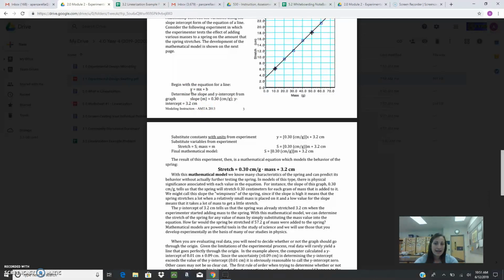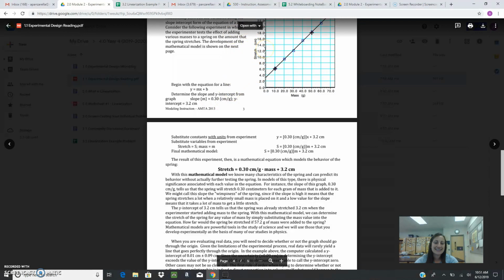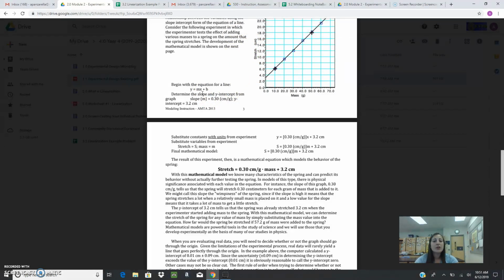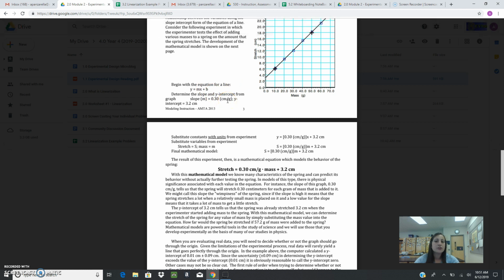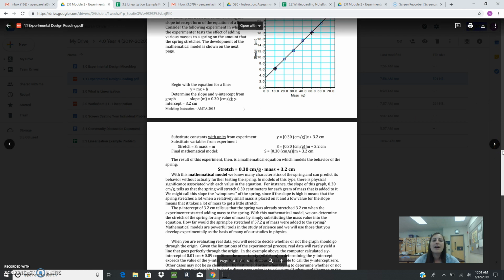So your y is whatever is represented on your y-axis. Your m, you should know, is your slope. Your x is whatever is represented on your x-axis, and your b is just your y-intercept. So those are very easy things to see, whereas polynomial, logarithmic, it's a bit harder to see those.